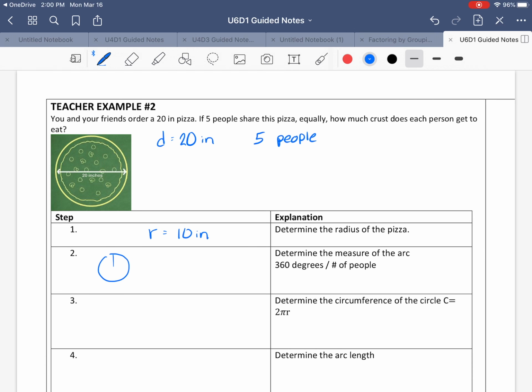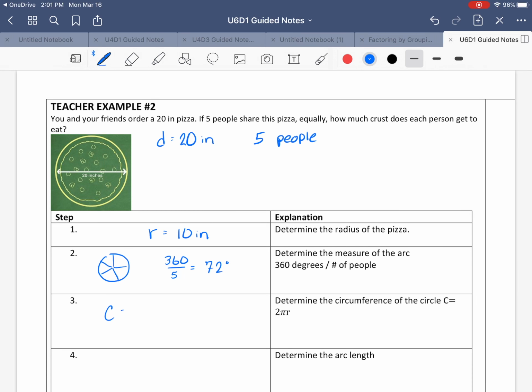So it's going to divide our circle into 1, 2, 3, 4, 5 pieces like that. So we're doing 360 divided by 5. And when we do that, we get 72 degrees. All right, that means our arc measure is 72 degrees.